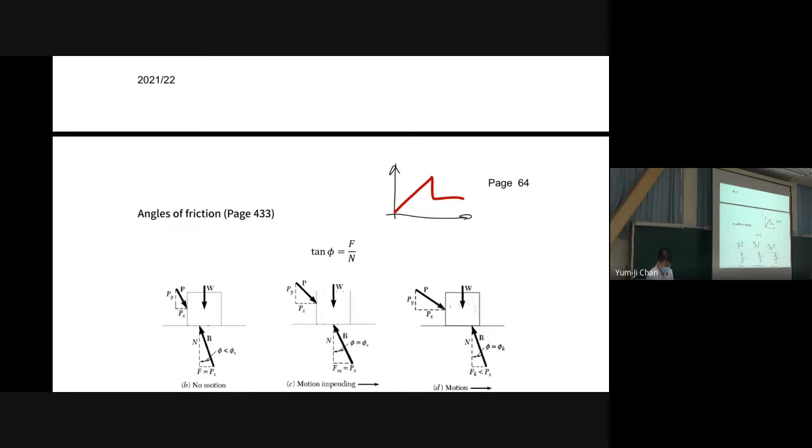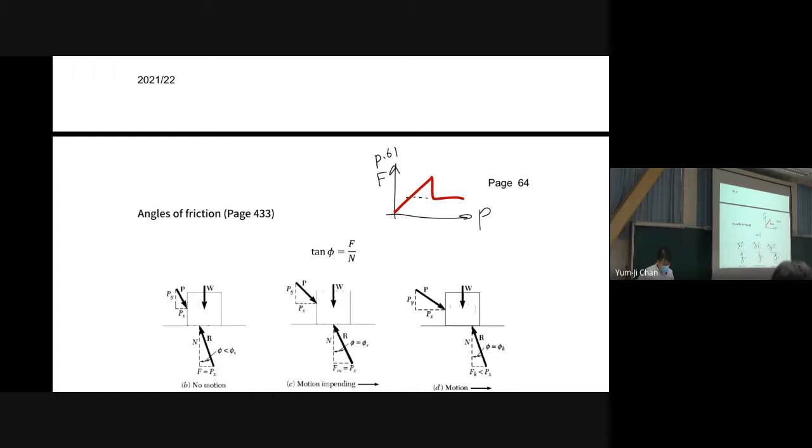For this graph, what's the x-axis? P, the external force pushing it. And what's the y-axis? F, friction. Remember that, of course, all of us can draw the shape, but remember what the x-axis and y-axis are.